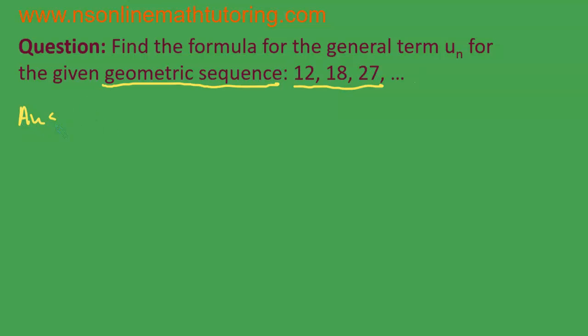Let's start with our answer. u1, the first term, is equal to 12. What is the common ratio? Let us take the second term, that is 18, divided by the first term. This is equal to 3 over 2. 6 times 3 is 18 and 6 times 2 is 12.